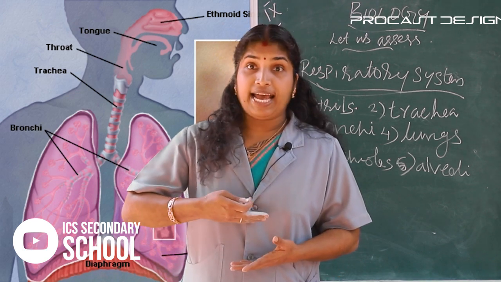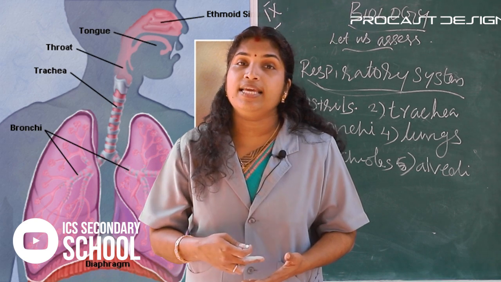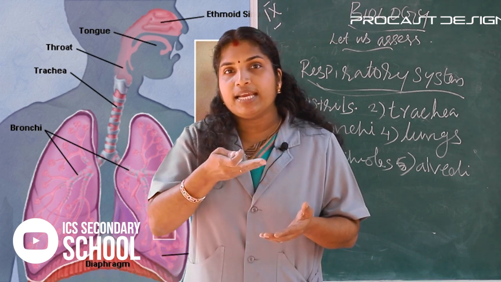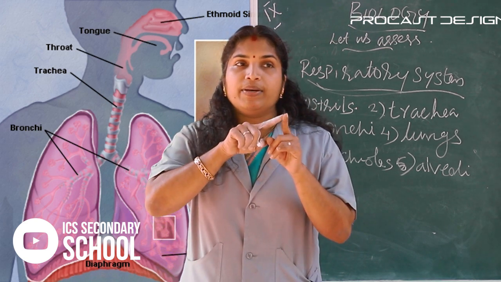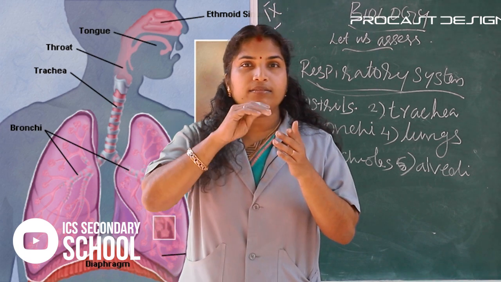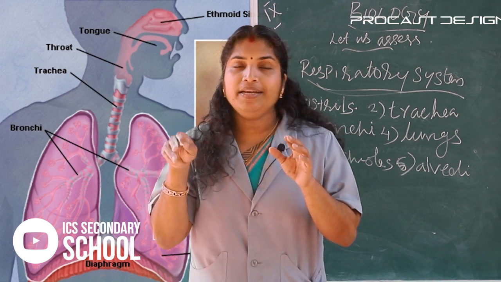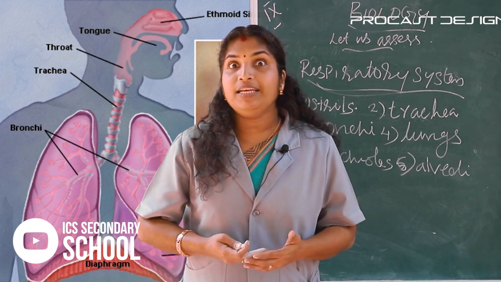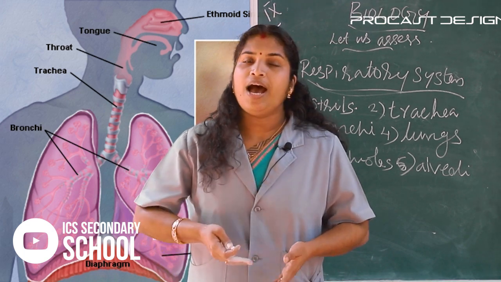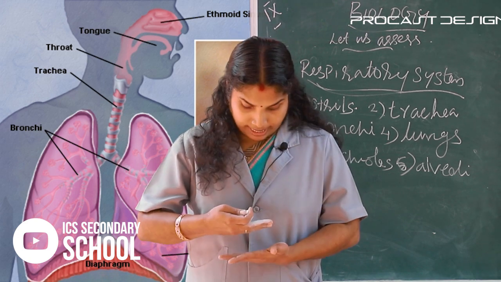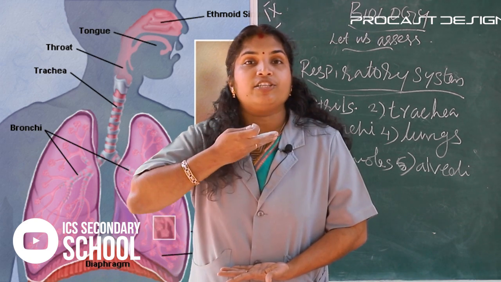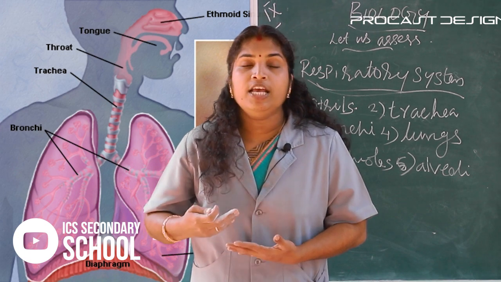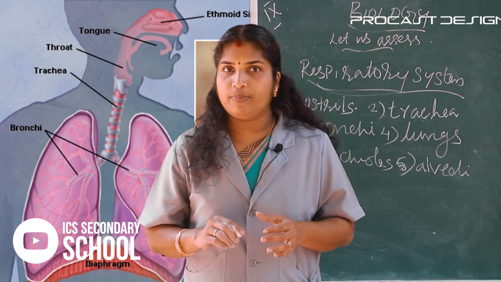Inside our body, we can see a muscular partition known as the diaphragm. The diaphragm divides our body into two. The upper part is known as the thoracic cavity. The lower part is known as the abdominal cavity.